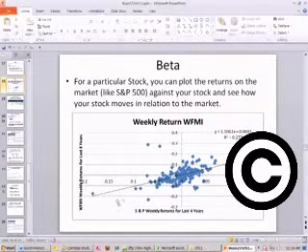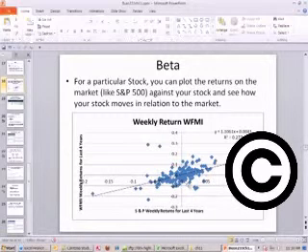And we'll be able to see what happens as this one moves, what does this one do? Well, we can see from this finished product here, which we're going to do in this video, that it looks like there's a direct relationship here. So as the market moves up, Whole Foods Market tends to move up also. And as the market goes down, Whole Foods Market tends to go down.